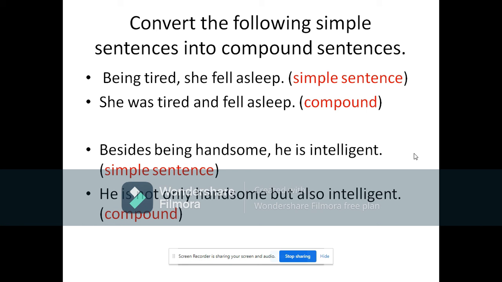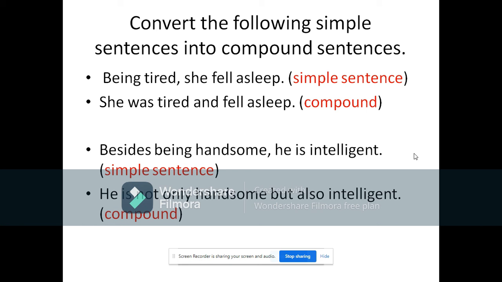Next one. Besides being handsome, he is intelligent. It's a simple sentence. Besides being handsome, only a phrase, not a clause.